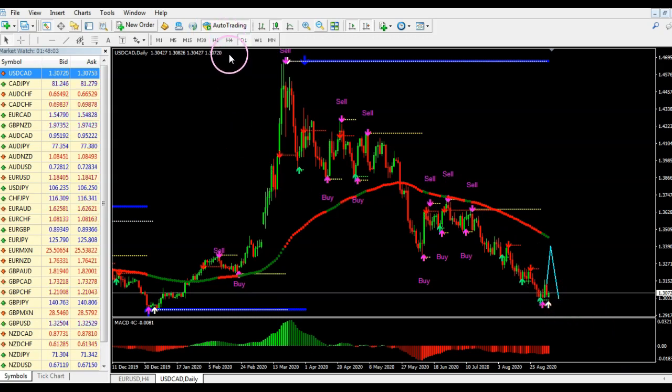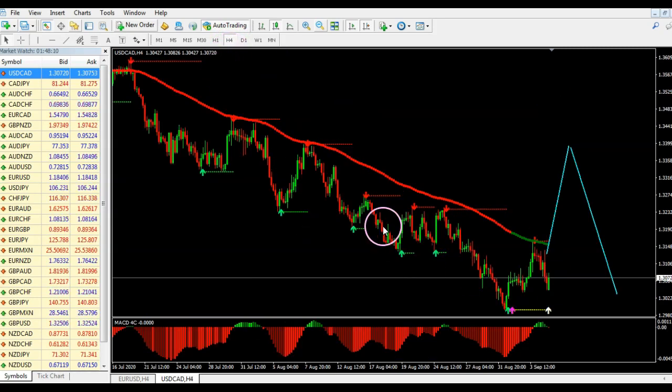If we go to the 4-hour, last week we were pretty much in this area over here, and we were expecting the markets to go up.